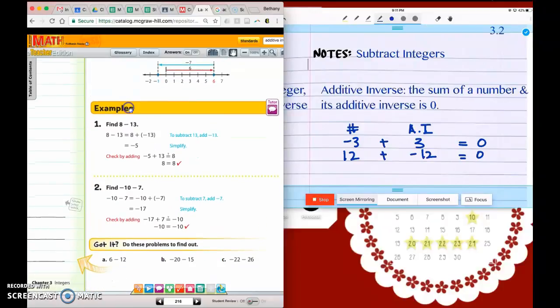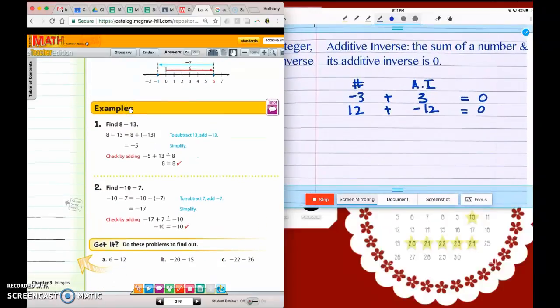When we're looking at our examples, if we wrote them out, for example 1 we have 8 minus 13. It says here are our steps: to subtract 13, just add -13, the additive inverse. So instead, we rewrite it as 8, and instead of subtracting, we're adding.